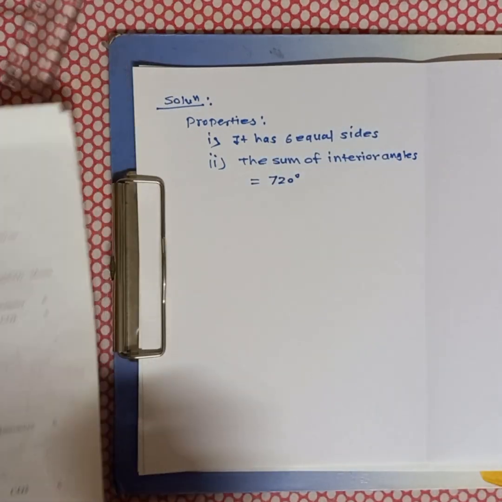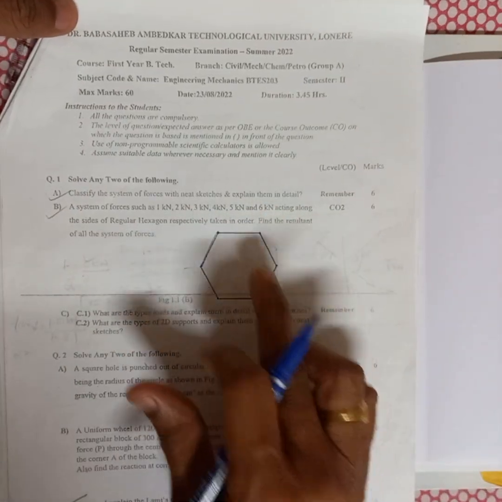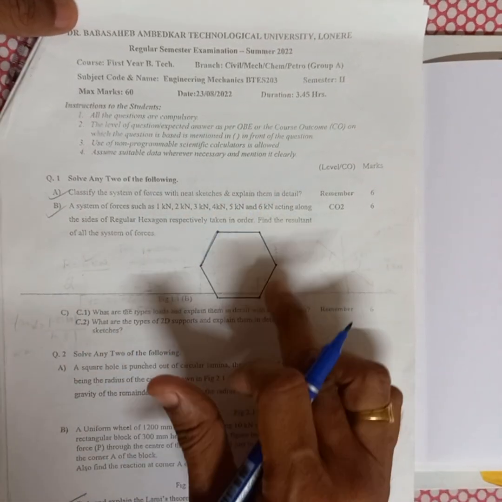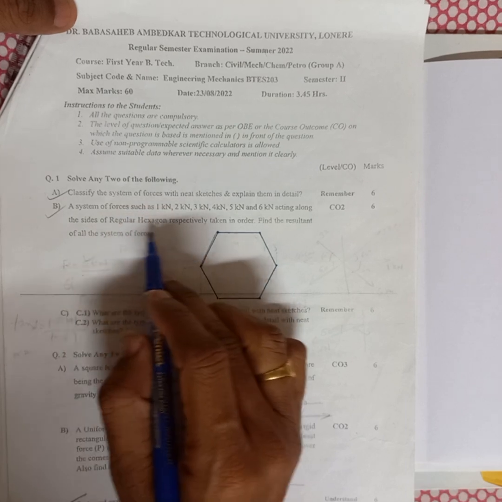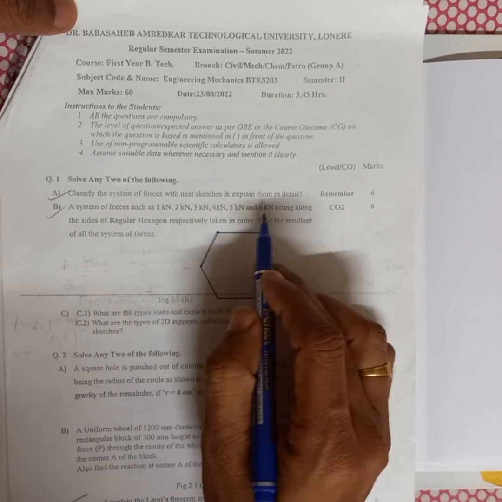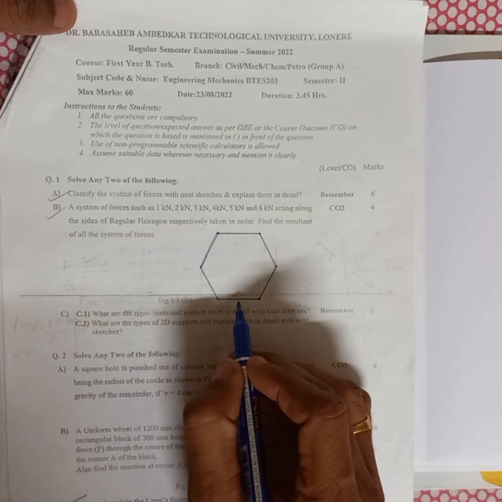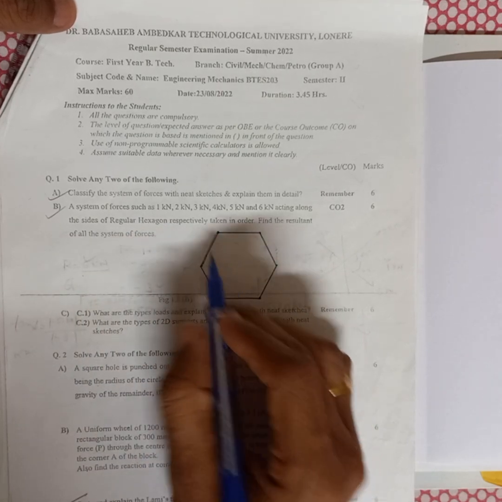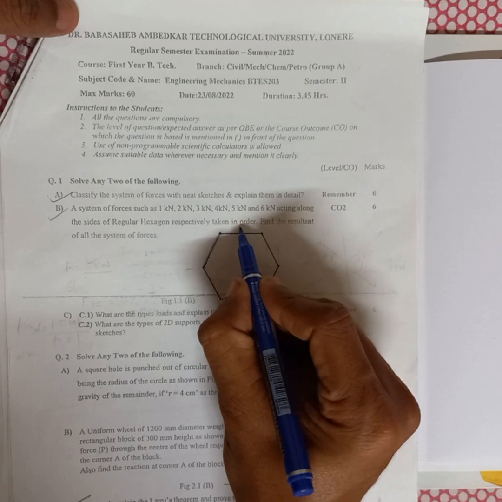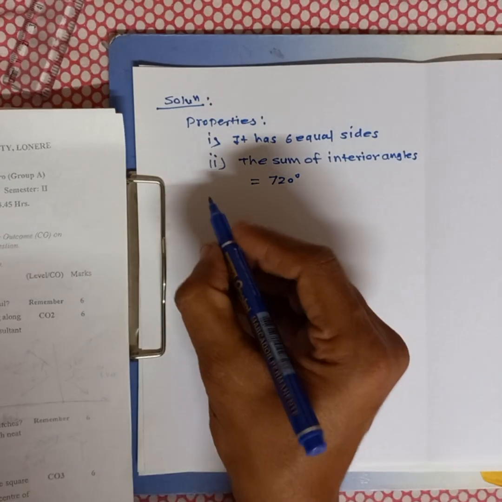You must know this because here they have not given the angles of any of the forces. Only they said it is a regular hexagon, okay, and the forces are acting along the sides. It means we have to consider the force respectively, and it is mentioned in the problem that it is taken in order. So that's what we have to understand, the properties first.